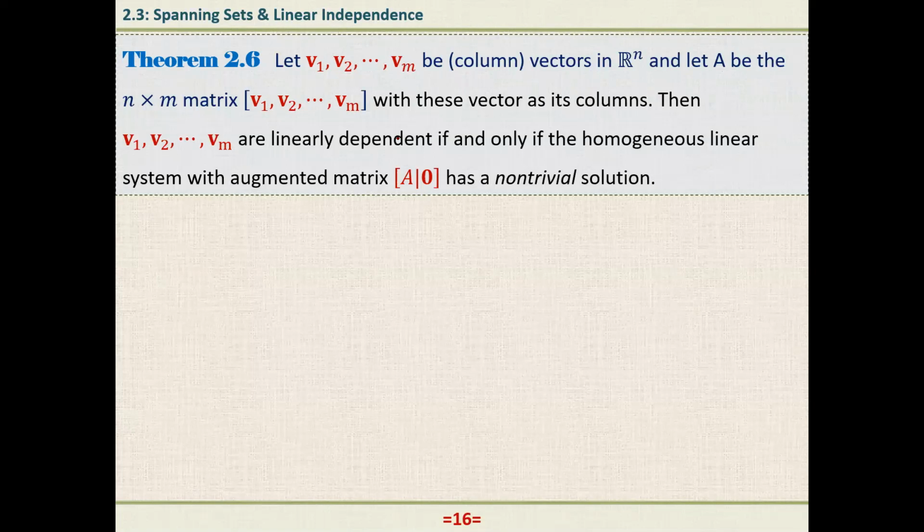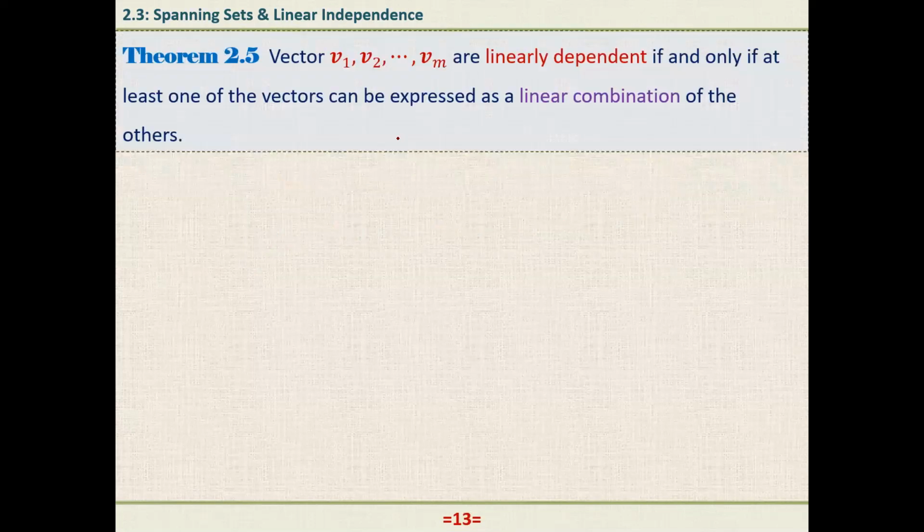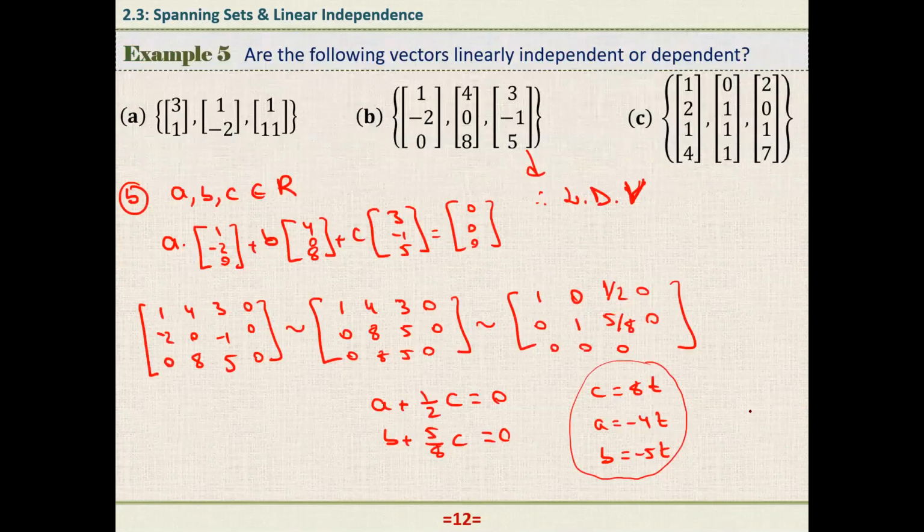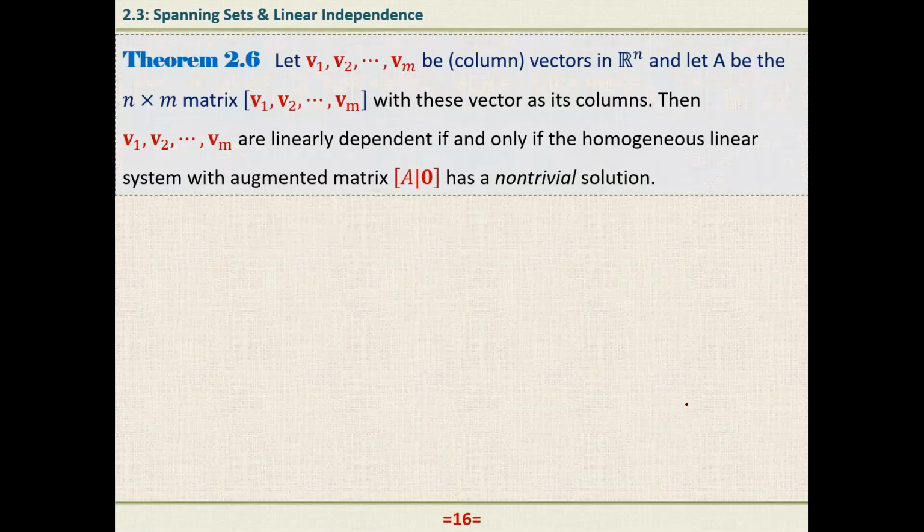This is what we did in the examples. See here in the previous example, we have a non-trivial solution. If the system with this augmented matrix has a non-trivial solution, then the vectors are linearly dependent. Otherwise, they are linearly independent vectors.